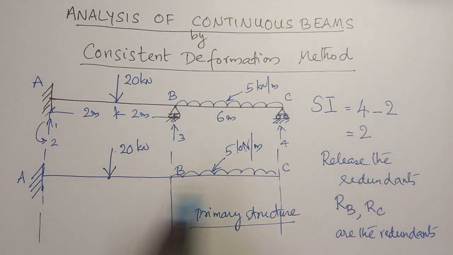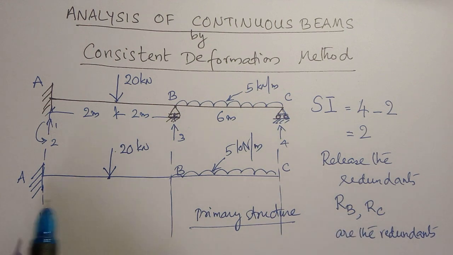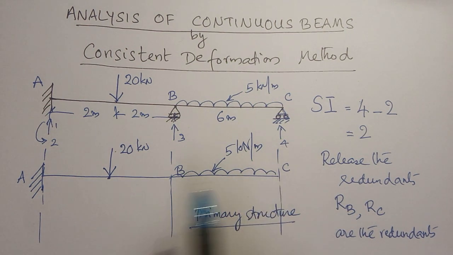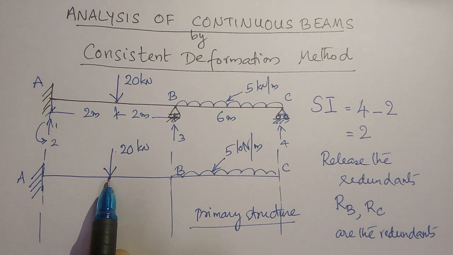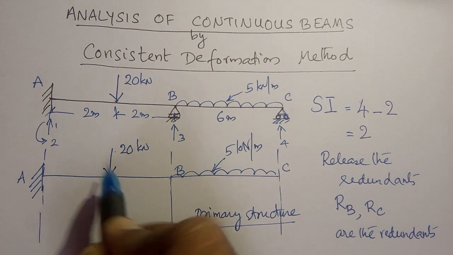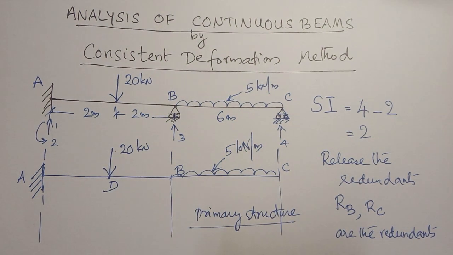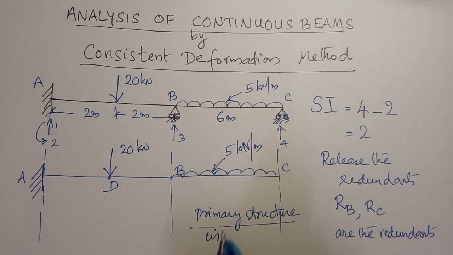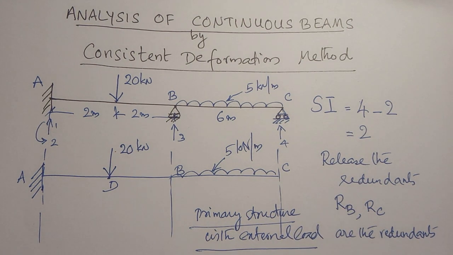So we have released the redundants RB and RC and marked the cantilever beam with the external loading, 20 kilonewton and 5 kilonewton per meter. I will mark this point as D. So this is the primary structure with external load.